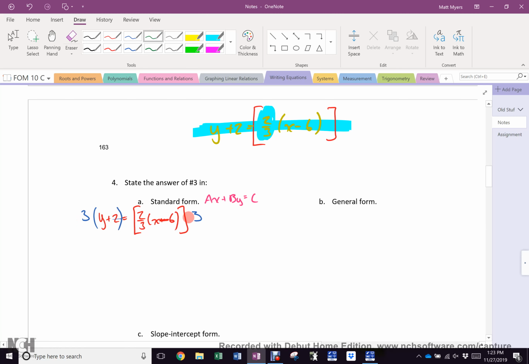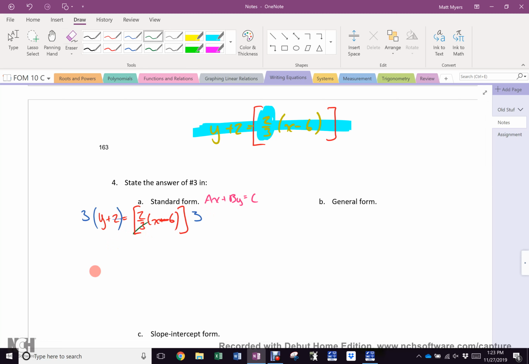What happens to that 3 and that 3? Why? With enough bananas, I can make a monkey go, but I want to know why. When you're dividing, you're multiplying the opposite.